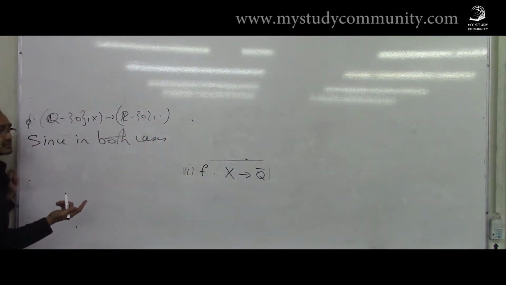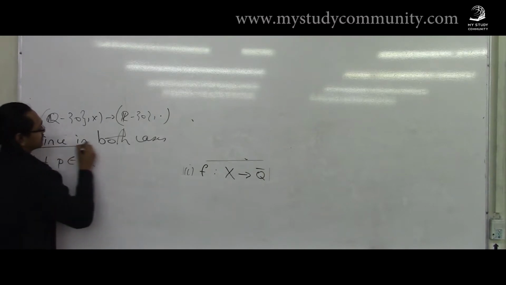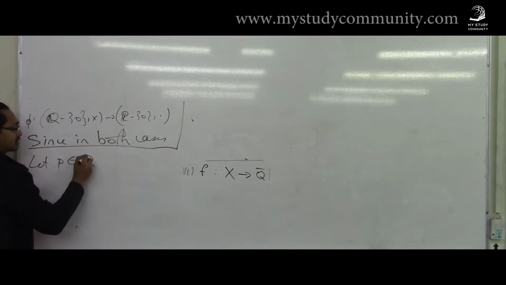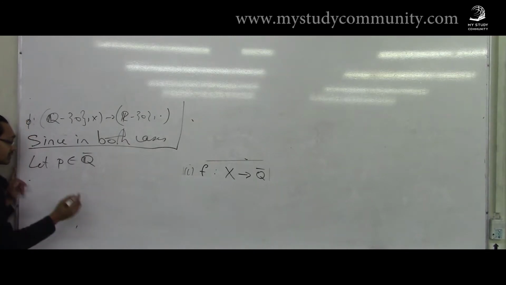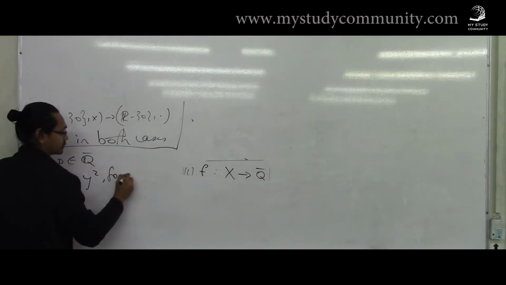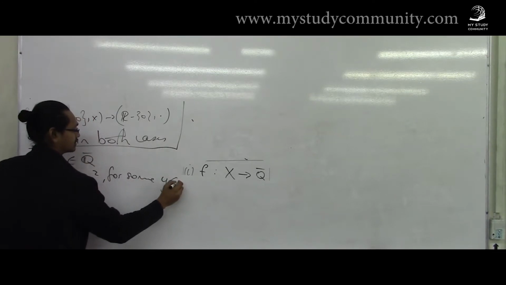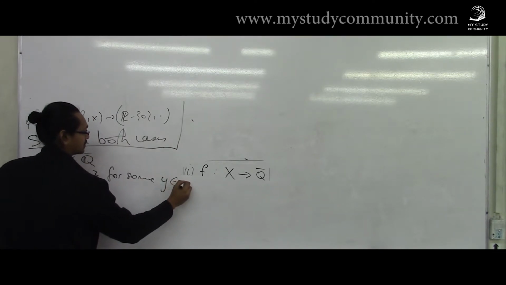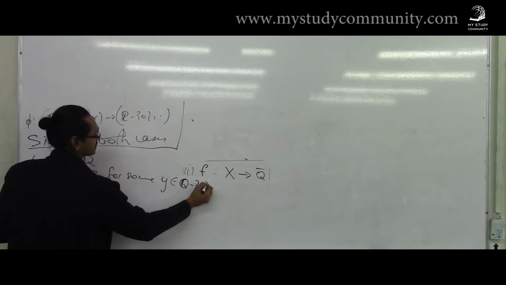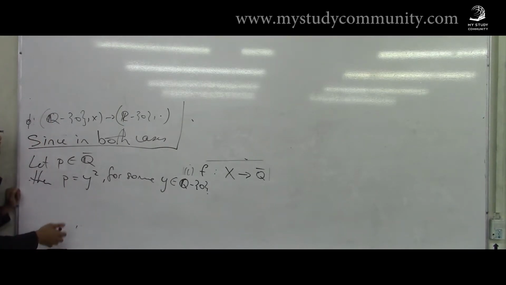So we would take an element in our codomain, which is Q bar. So let P be an element of Q bar. Then P equals Y squared for some Y in Q minus 0, because that's how the first homomorphism was defined.